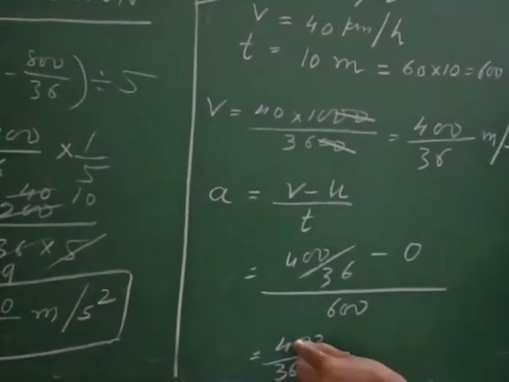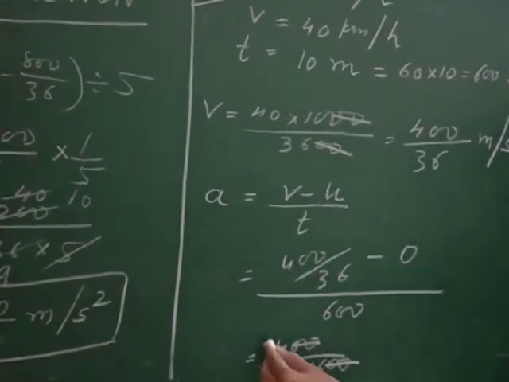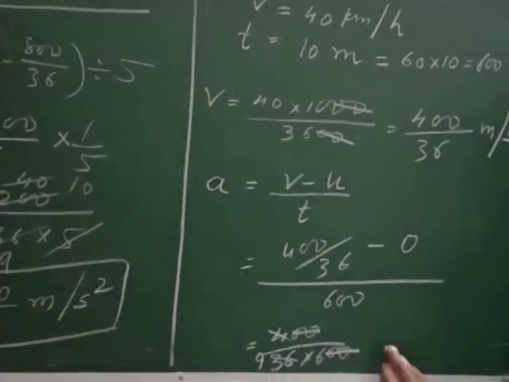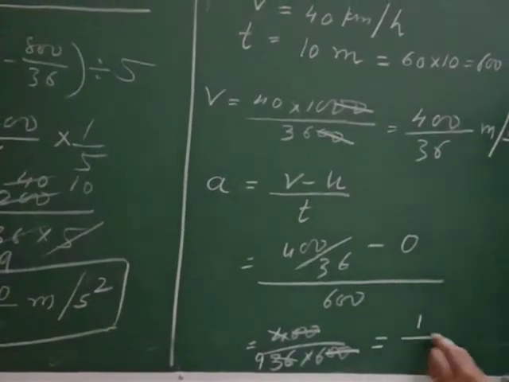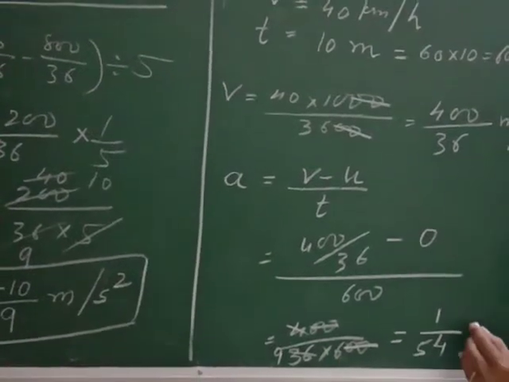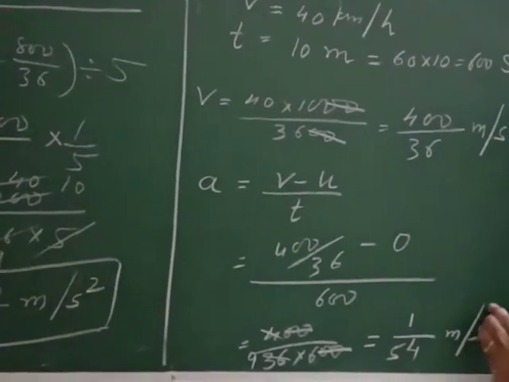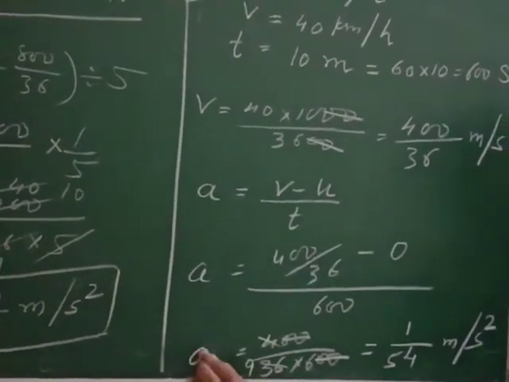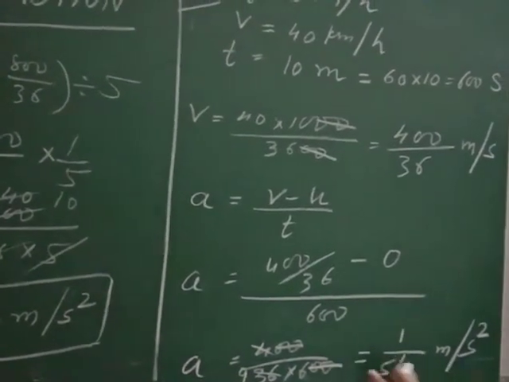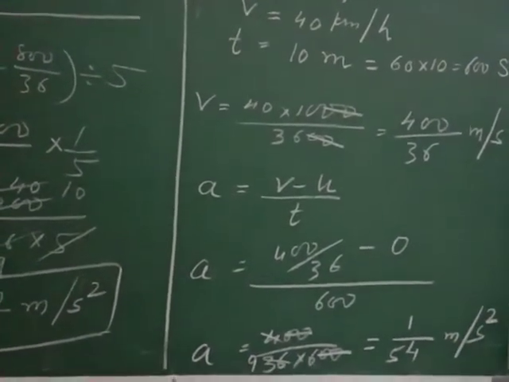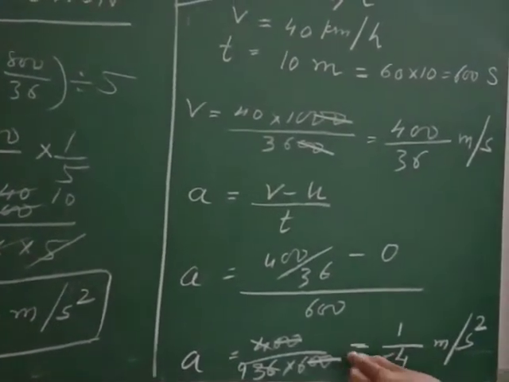So the 0s get cancelled. 4 9s are 36. Answer is 1 by 54. 9 6s are 54. Meter per second square is my acceleration. So the answer is A is equal to 1 by 54 meter per second square of that train.